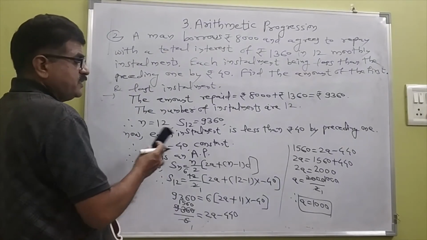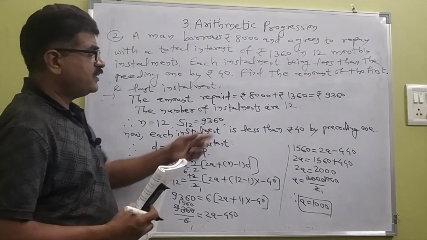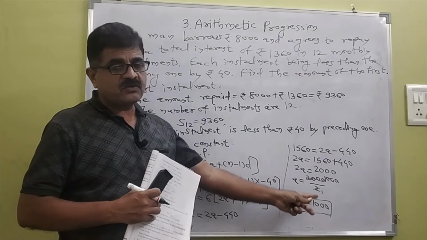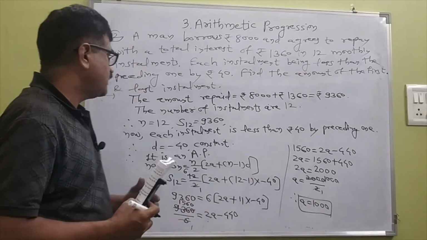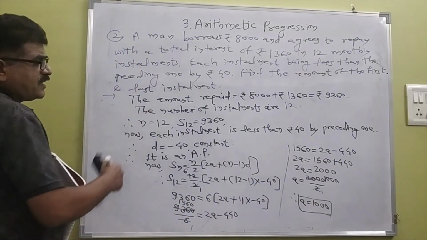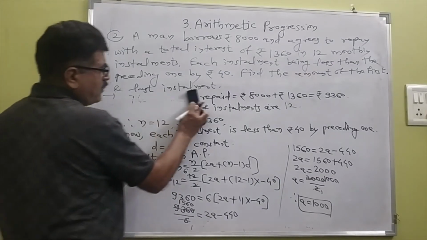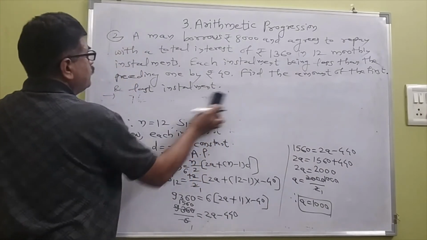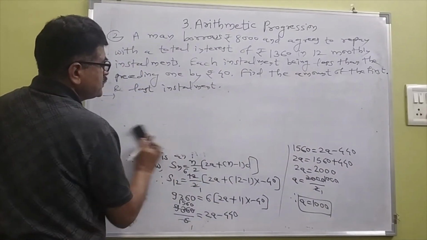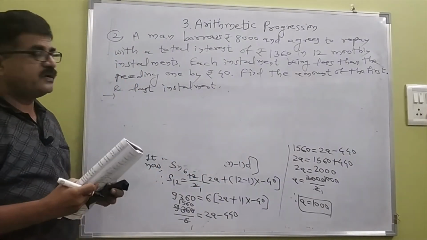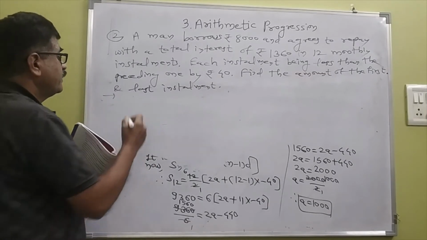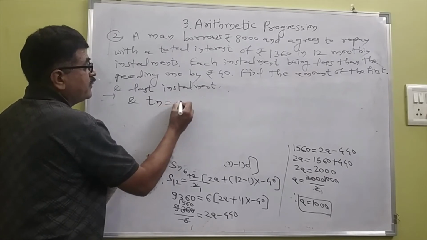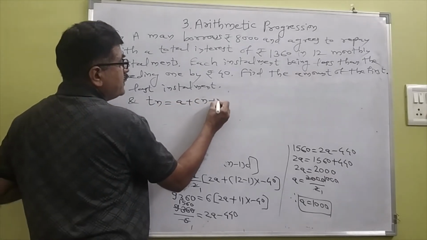Therefore the first installment is rupees 1000. And we have to find the last installment, which means the value of T12. Write down the formula Tn is equal to a plus (n minus 1) into d.